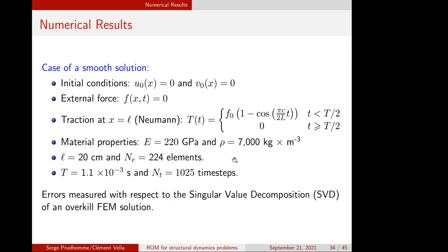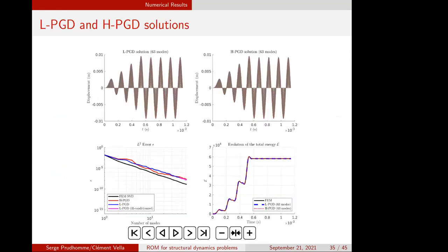Same material properties, about the same number of time steps. Here we don't have the exact or analytical solution, so we would use an overkill FEM solution. All right.